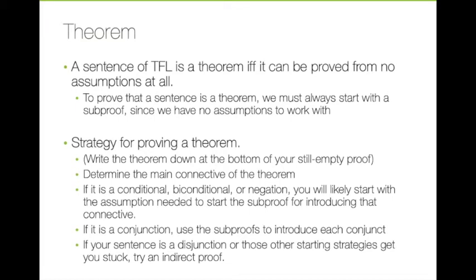So you start with the assumption relevant to those subproofs. If the main connective of your theorem is a conjunction, the conjunction introduction rule is simple, but you'll need to figure out how to introduce each of the conjuncts. And if the main connective of the theorem is a disjunction, or those other starting strategies get you stuck, your best bet might be to try an indirect proof.